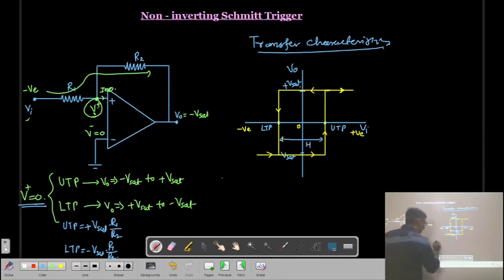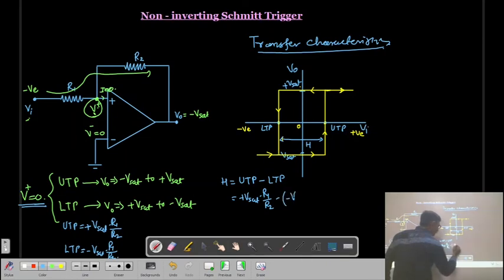The hysteresis is given by the difference of UTP minus LTP. The UTP formula you can already see: plus V saturation into R1 by R2 minus minus V saturation into R1 by R2.